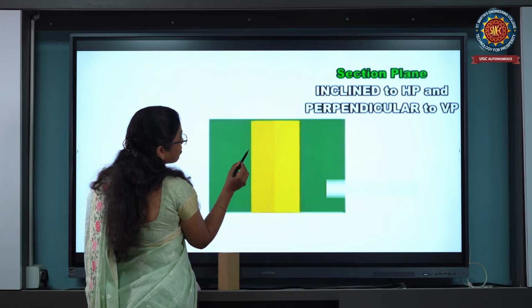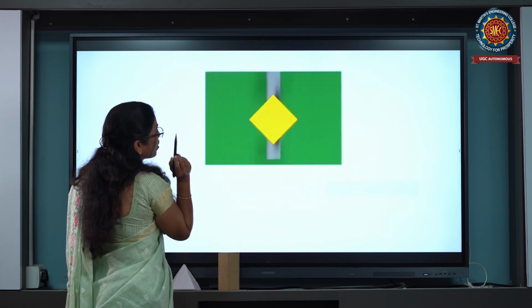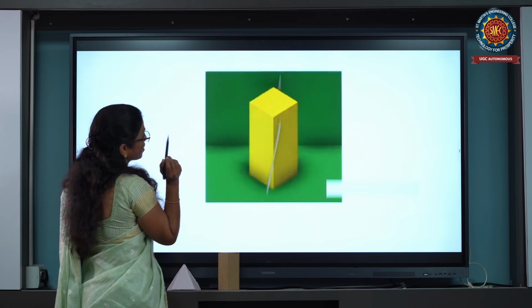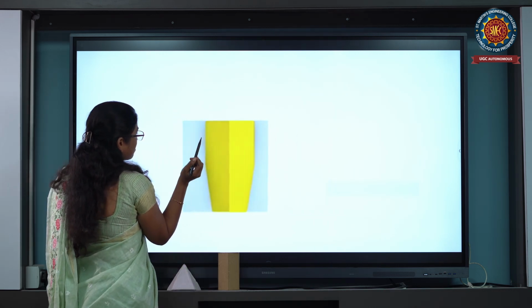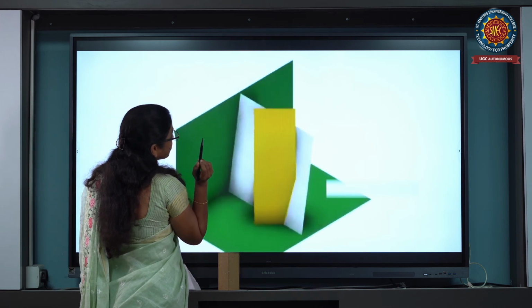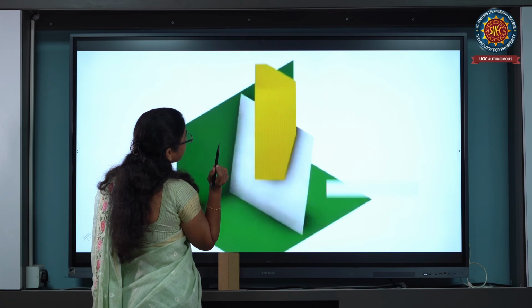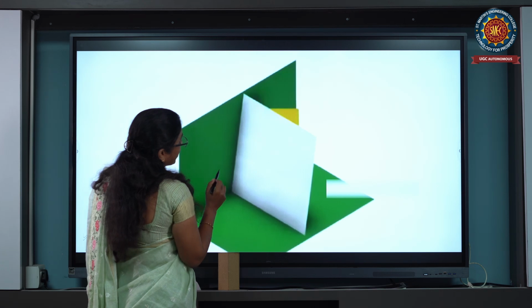The section plane inclined to HP and perpendicular to VP is called an auxiliary inclined plane. The other one is the auxiliary vertical plane.